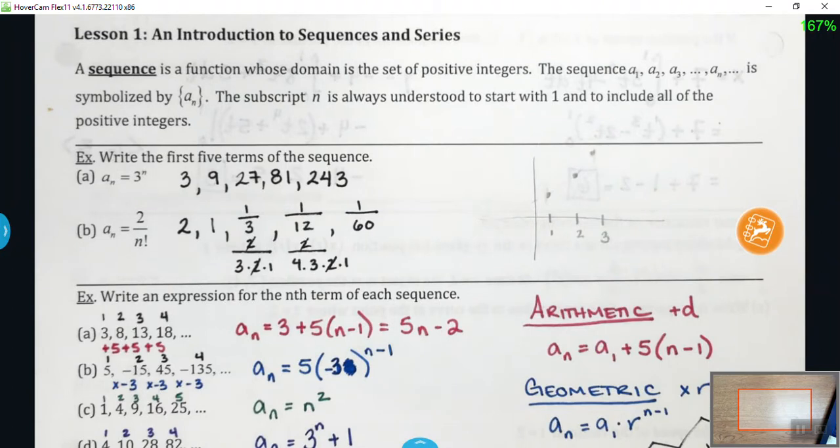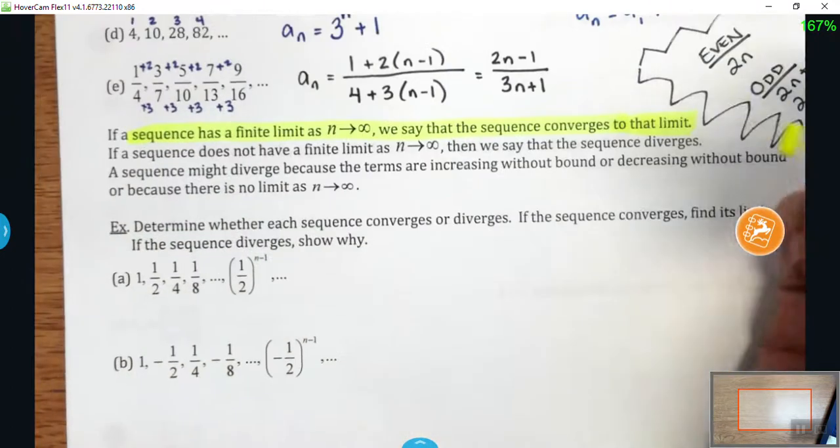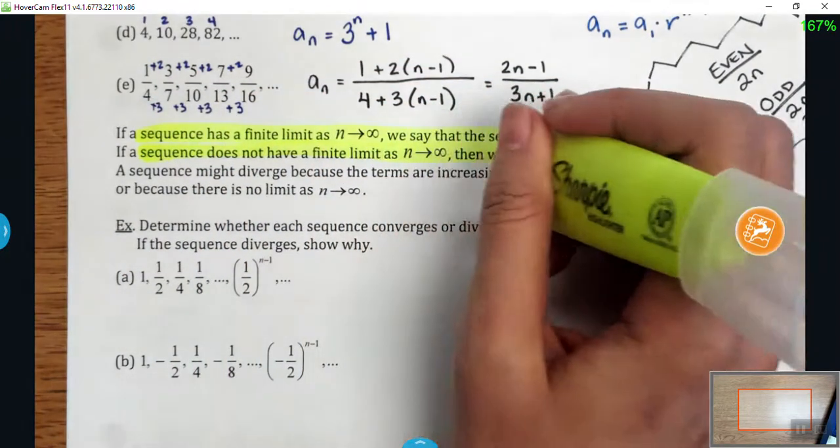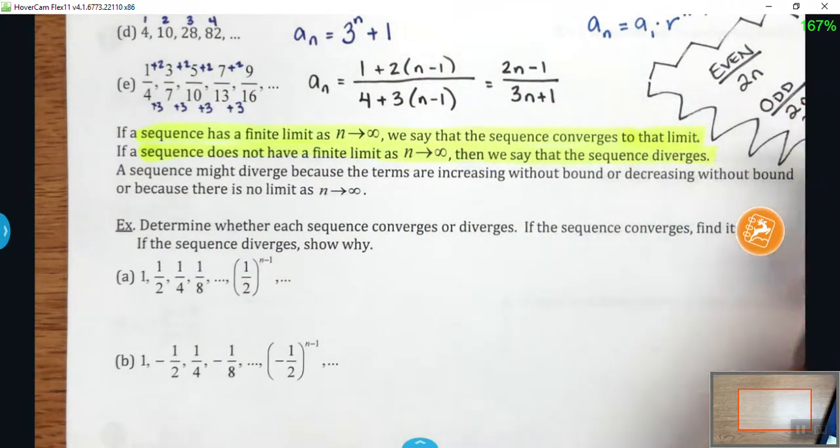Are you with me? But if a sequence does not have a finite limit, then we say that the sequence diverges. So if the sequence approaches a number, then it converges. And if it does not approach a number, then we say it diverges. Just like regular functions, right? So it's not too bad.